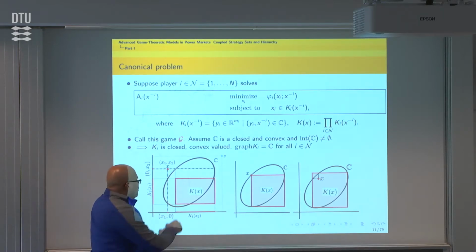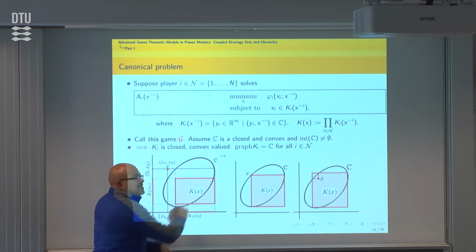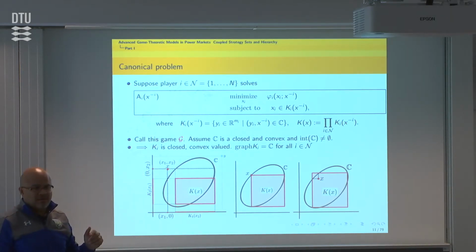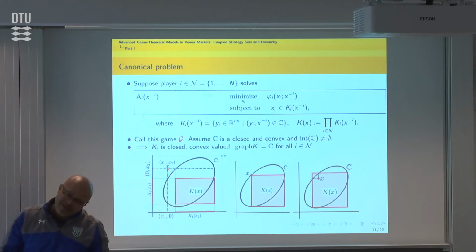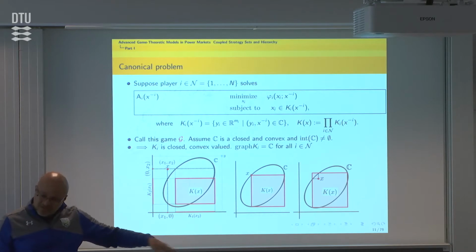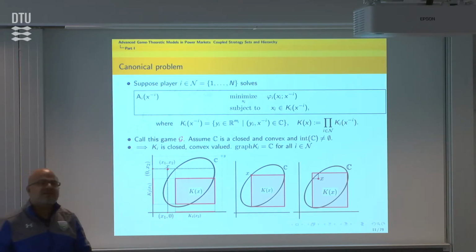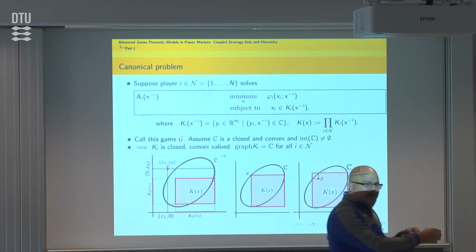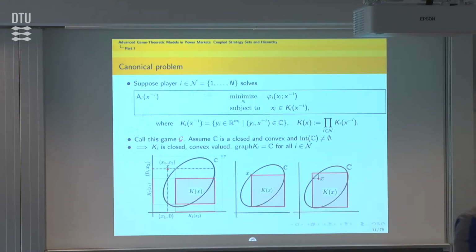Now, if you look at the Cartesian product of that, that's the set. So for a particular x, that's the set. Remember, when you have a Cartesian product, you get a rectangle. But these rectangles keep moving in this case. And the reason they keep moving is because they're parameterized by an x. So for every choice of x, this rectangle shifts.